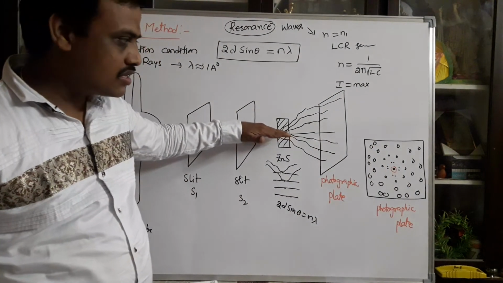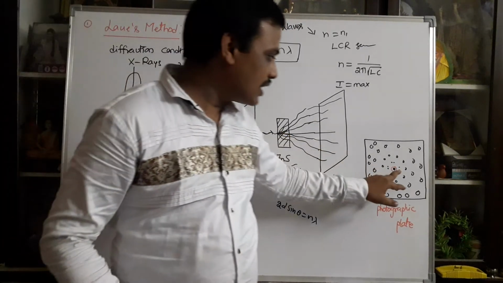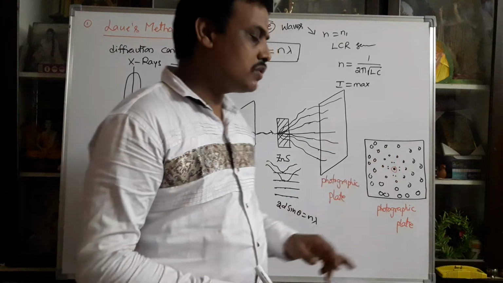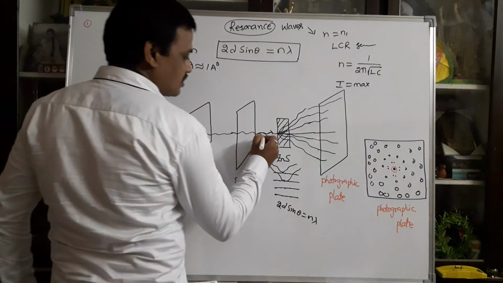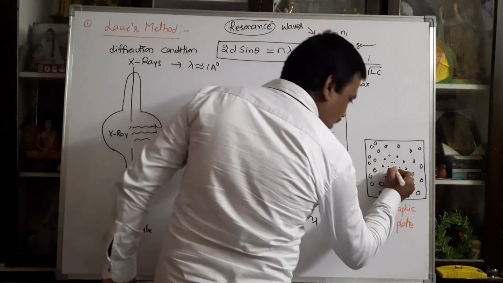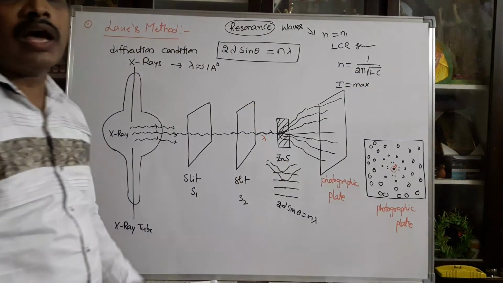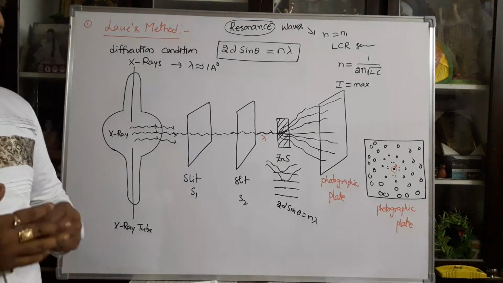There is no diffraction; the central spot exists without deviation of the rays. The wavelength is lambda, and the central spot also has wavelength lambda. It has high intensity, since there is no diffraction.